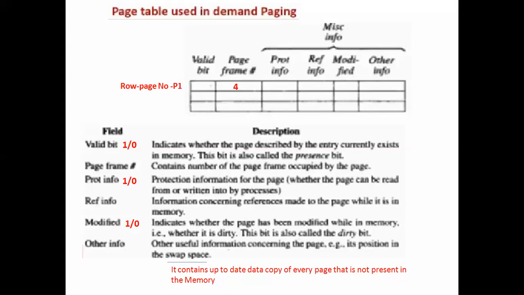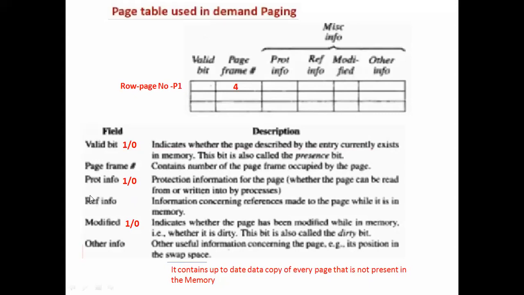This reference bit helps the operating system in page replacement algorithms. Next we'll be seeing many page replacement algorithms, where one page in the main memory can be replaced by another page. In those cases, we will need this reference information.